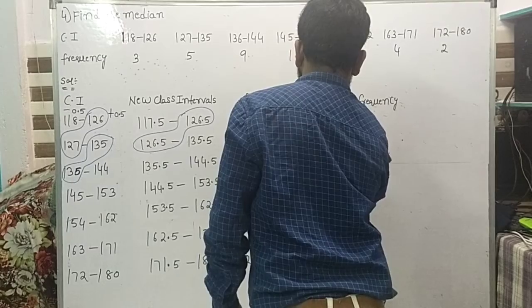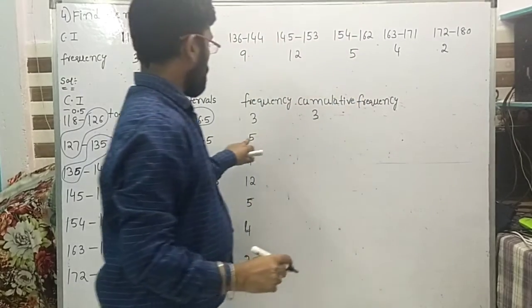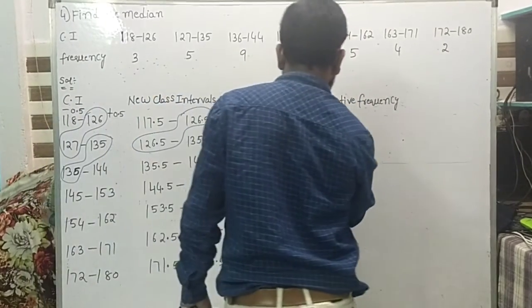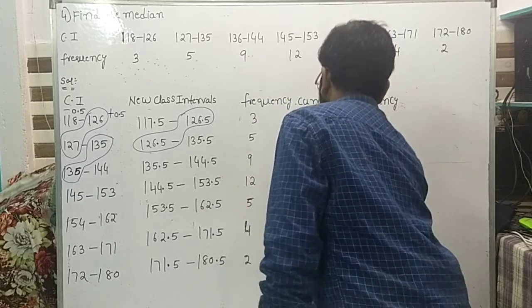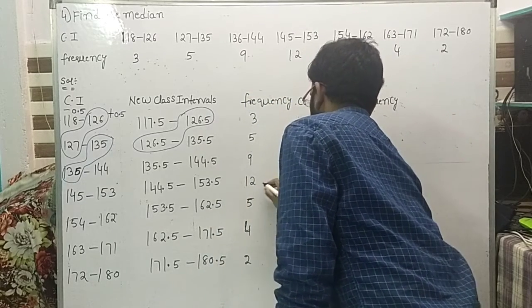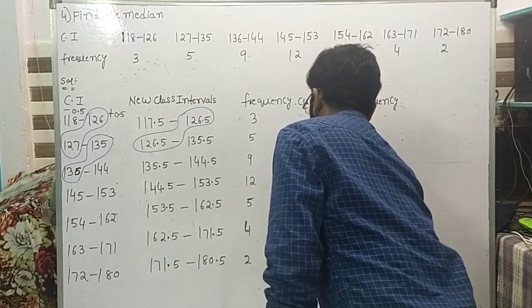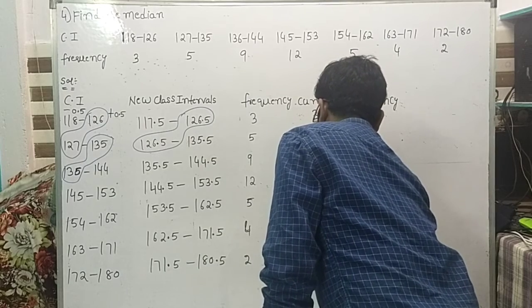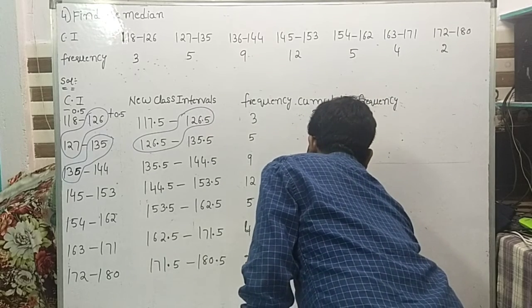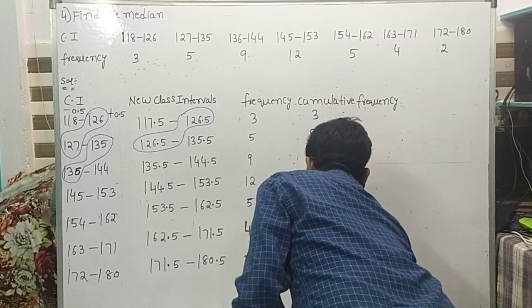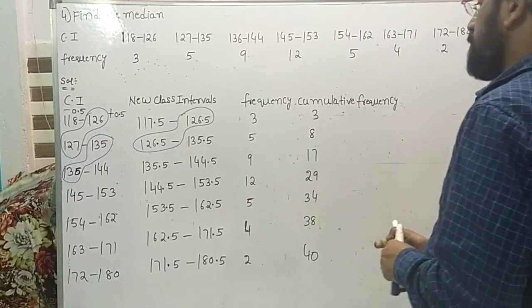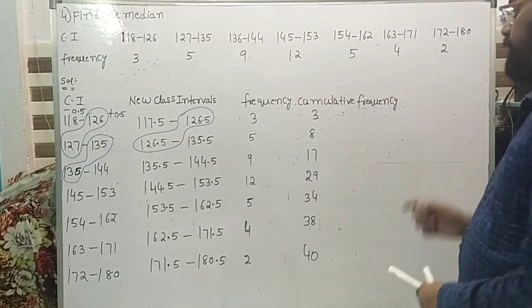So first of all, 3 plus 5 is 8, 8 plus 9 is 17, 17 plus 12 is 29, 29 plus 5 is 34, 34 plus 4 is 38, 38 plus 2 is 40. This is the cumulative frequency.